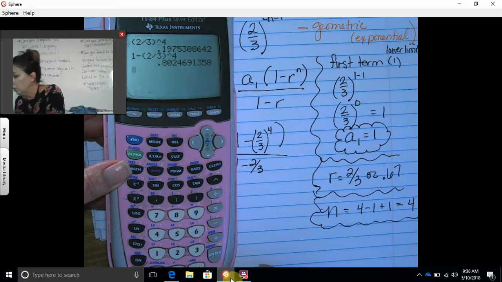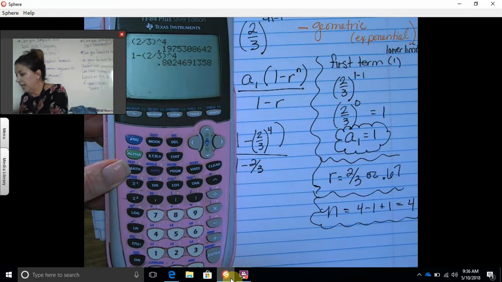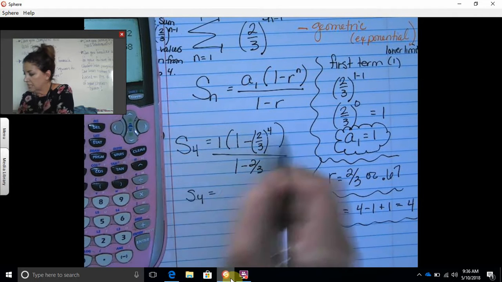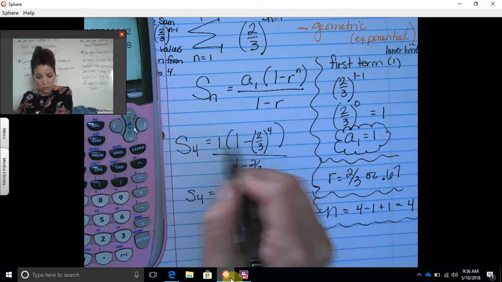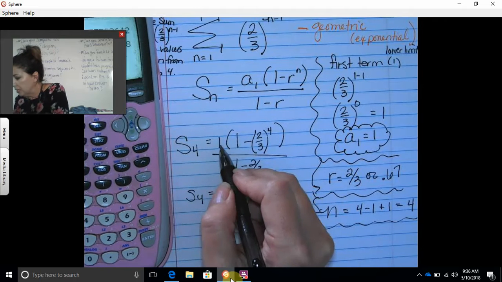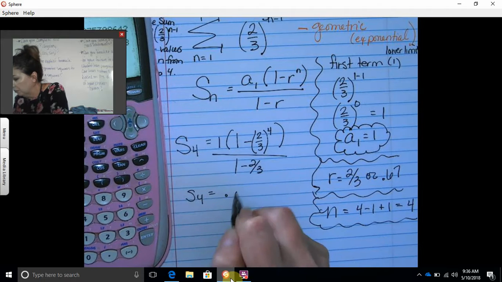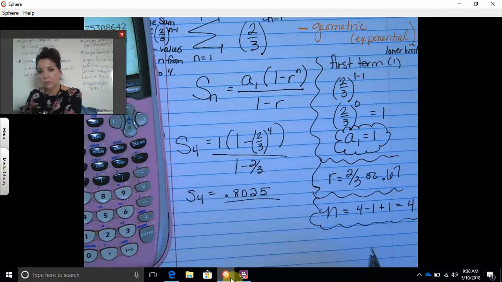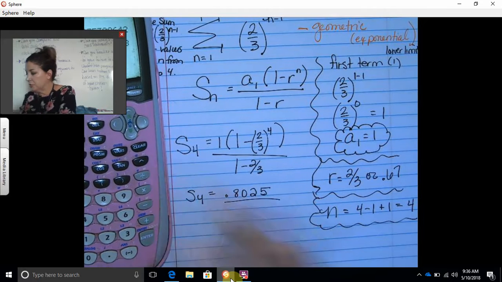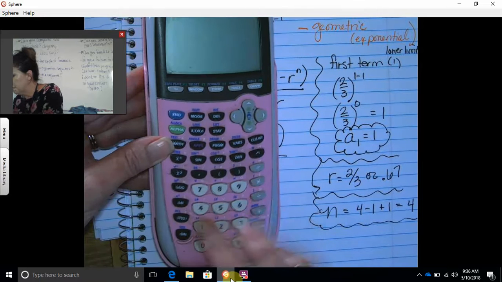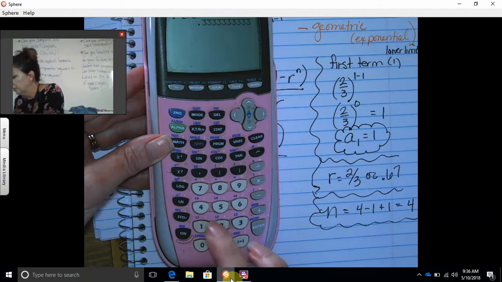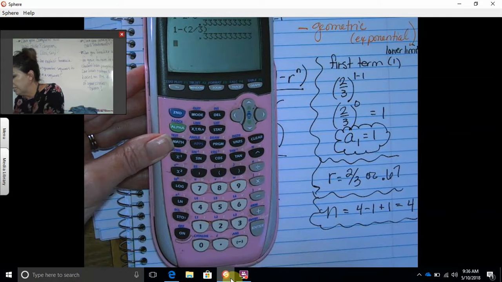So 0.8025, that's all of the parentheses, and then I'm multiplying times 1, so that's not going to change anything. All over 1 minus 2/3. If I don't use parentheses, in this case I get the same thing.